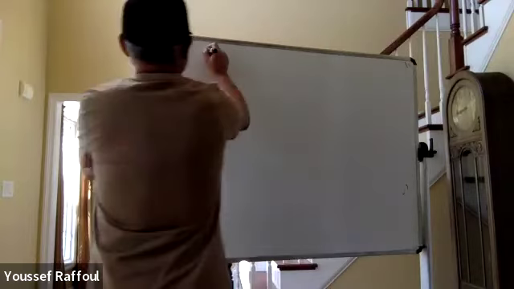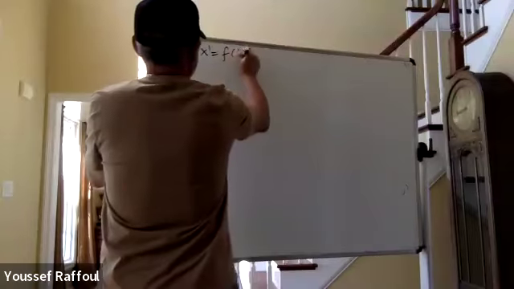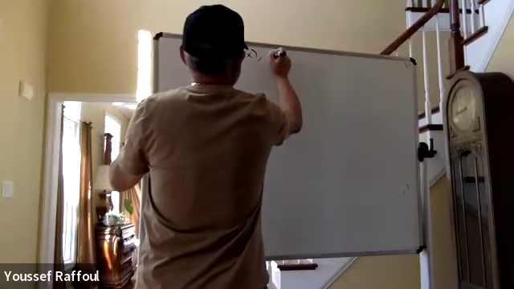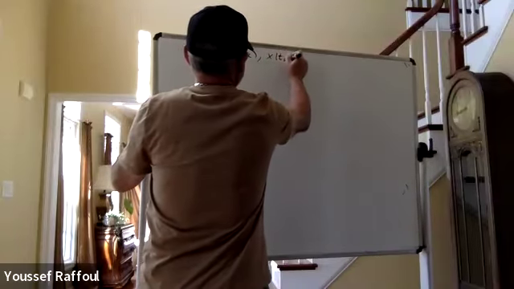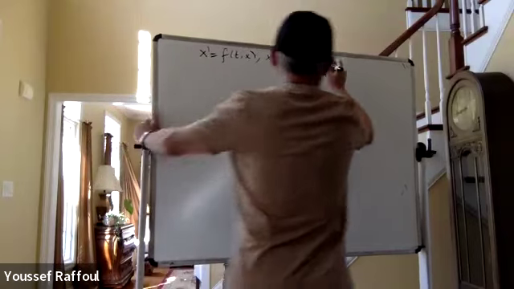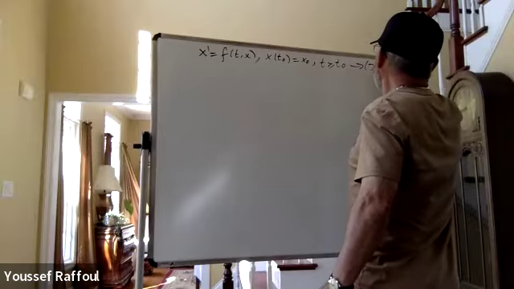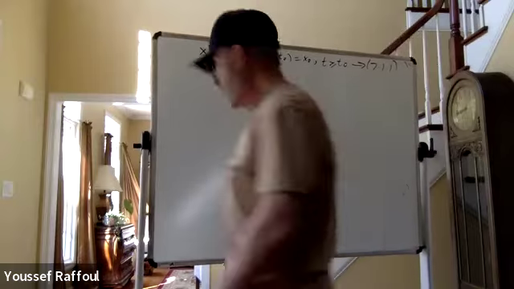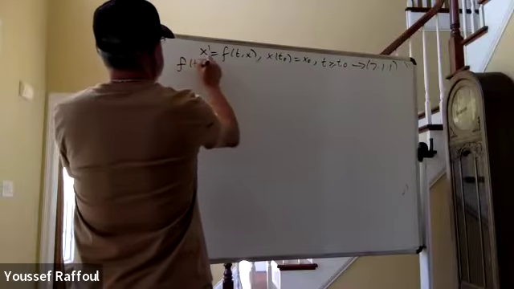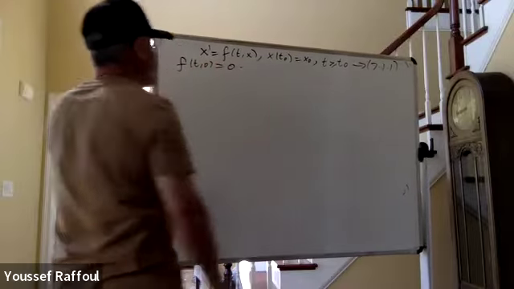Now, let's go back to 7.1.1. X prime equal f of t, x, x of t naught equal x naught, t bigger or equal to t naught. And we know that f of t, 0 equals 0.